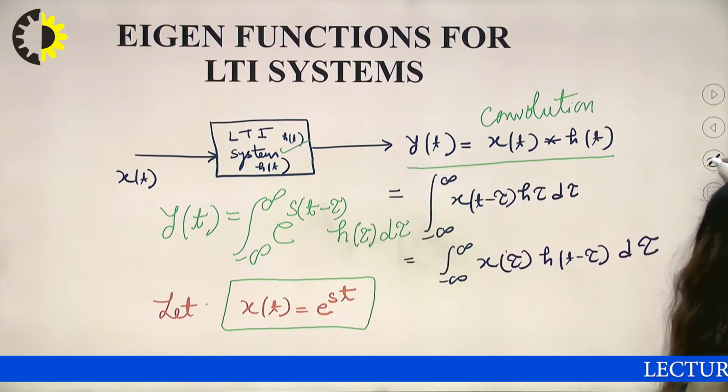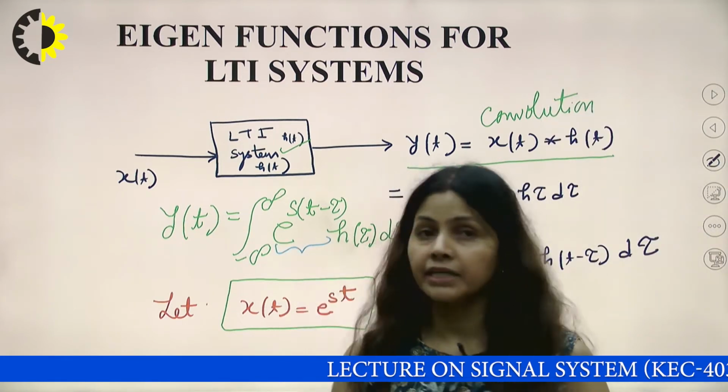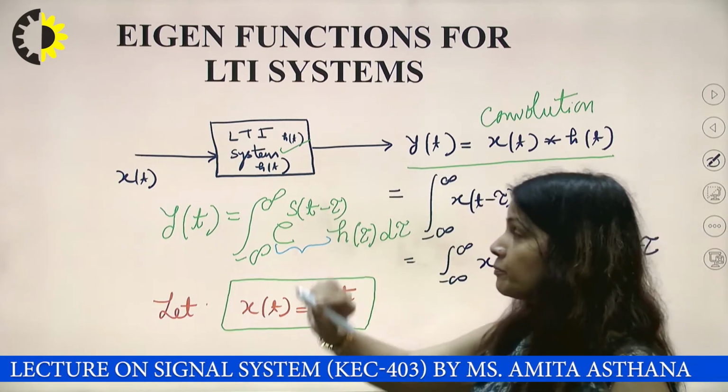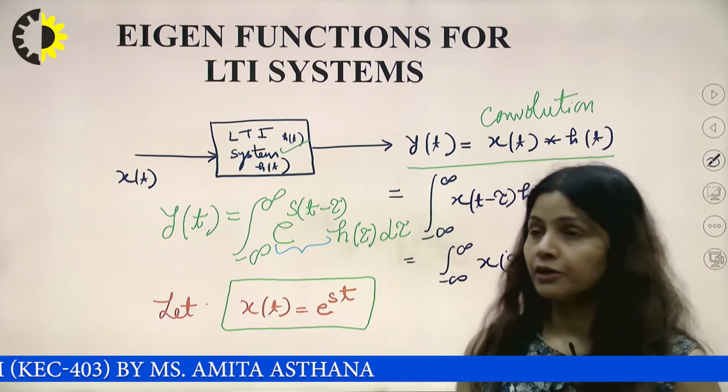So this particular term I can break as e raised to the power st multiplied by e raised to the power minus s tau, h(tau) d tau.